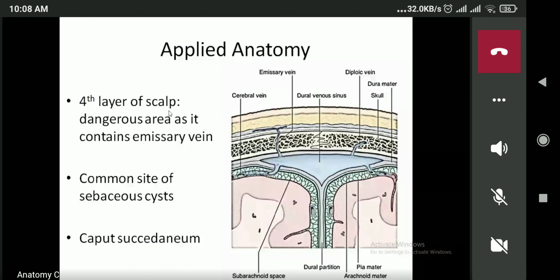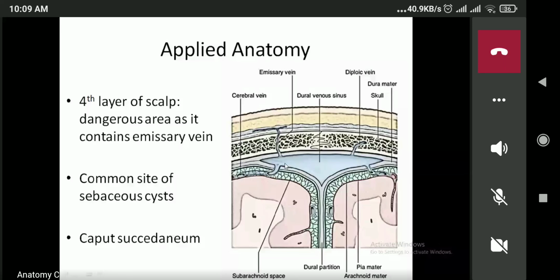Remember, the fourth layer is considered the dangerous area because, as explained earlier, it contains emissary veins, which connect the veins of the scalp with the dural venous sinuses. As these emissary veins are valveless, infection may spread to and from any part of the scalp.